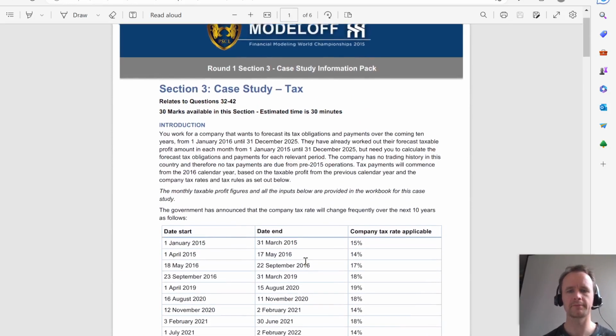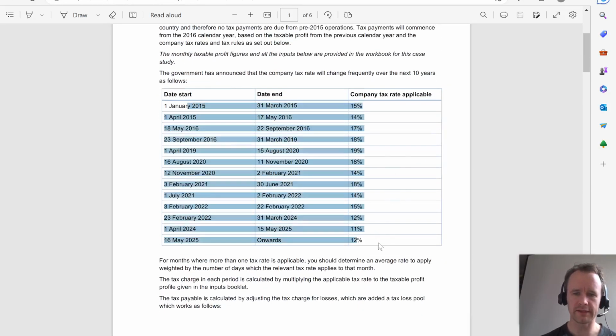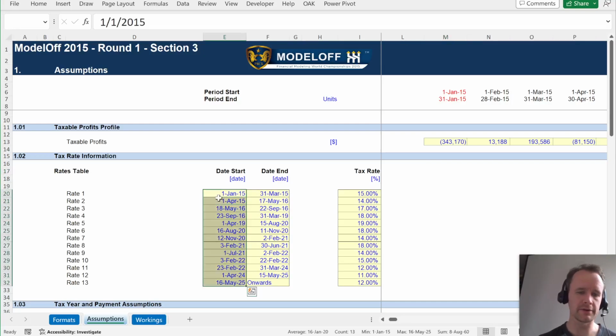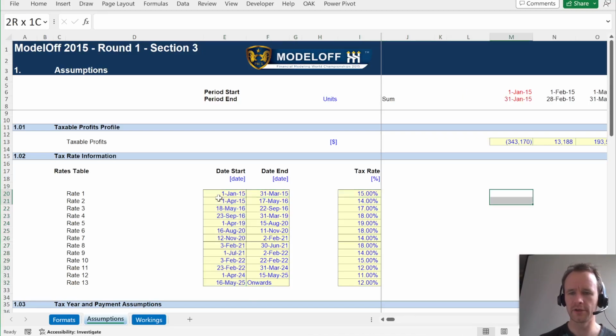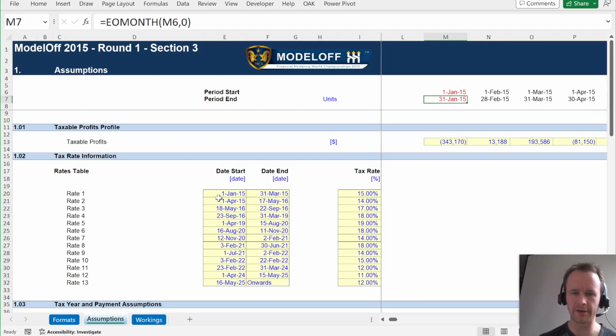Okie dokie. So the first thing I'm going to want to do is just work out a tax rate for each month based on all this madness. And like I said, the way I thought about that before was, figure out the first tax rate, second tax rate. But now that I know that there's potentially more than two in a month, the easier way is just going to be to work out for each rate and each period, how many days does that rate apply to that period.